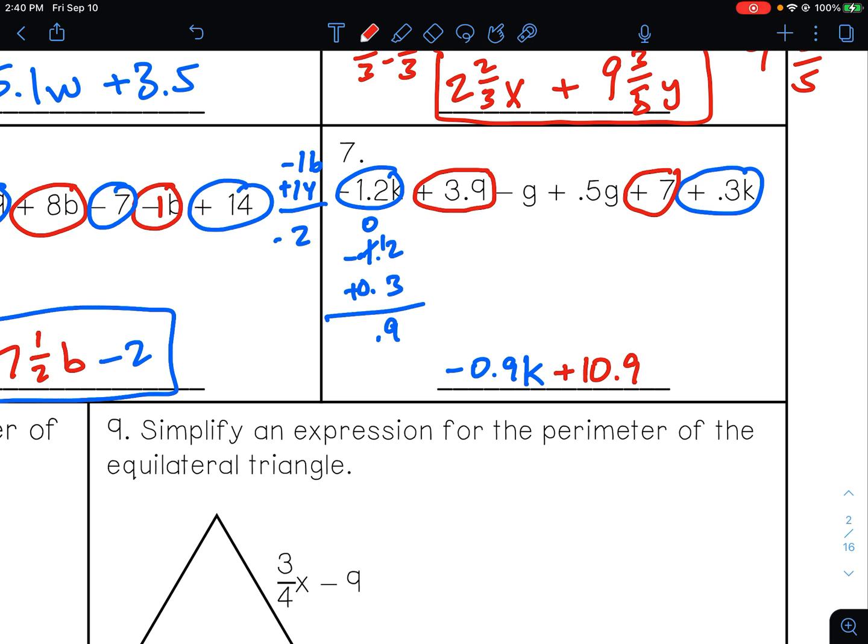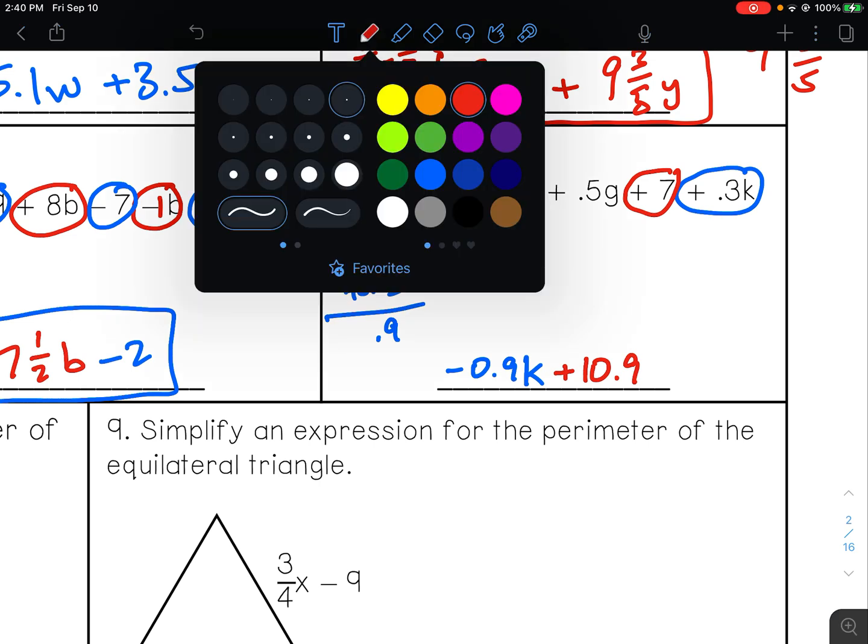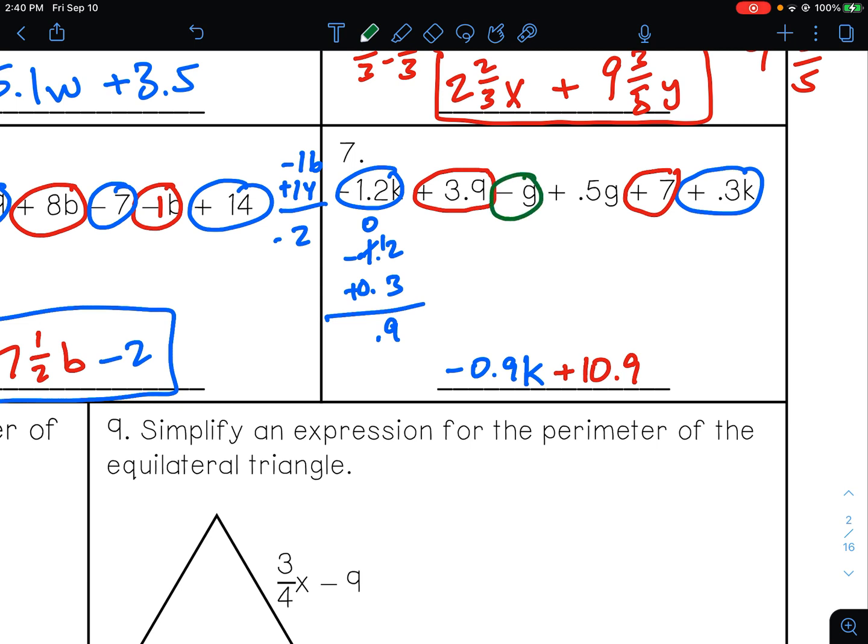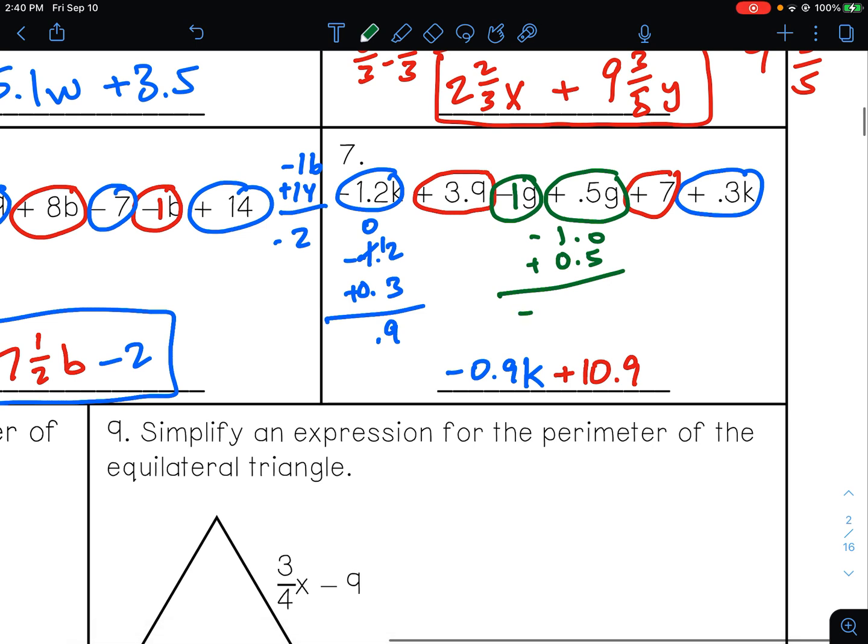And then let's deal with the G terms now. This is minus 1G and plus 0.5G. 0.5 is positive, and 1 is larger than that, so negative 1.0 minus 0.5. I'm going to get a negative answer, and it's going to be 0.5, so negative 0.5G.